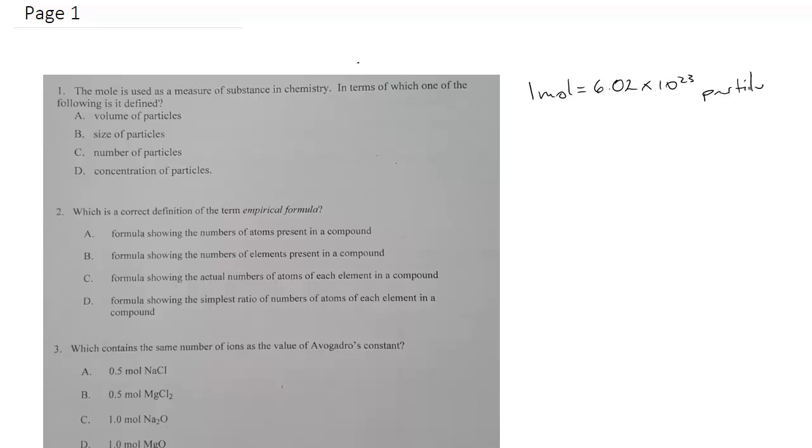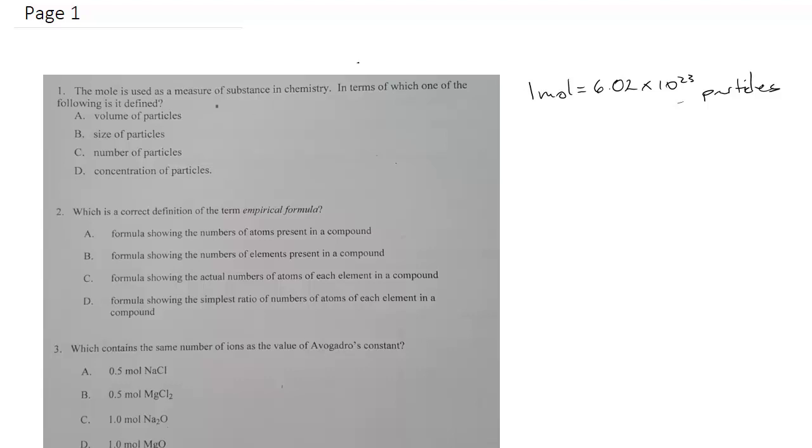So this is our definition of what a mole is. Now, chemists don't really want to be working with very large numbers. We want to compress it down. So a mole represents this quantity of particles, but we're going to be working with mole usually because it's smaller, it's easier to use, and it's universally understood and agreed upon.